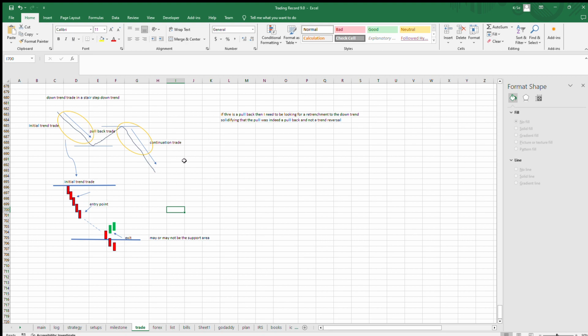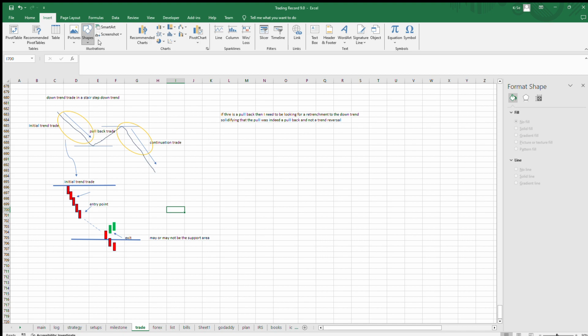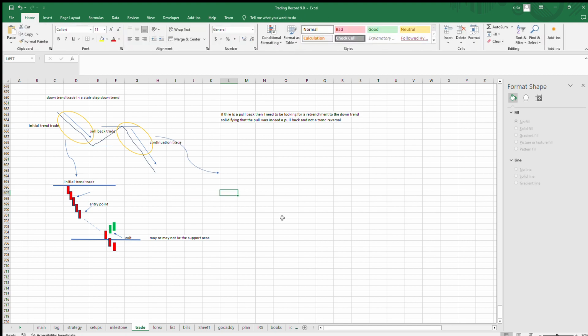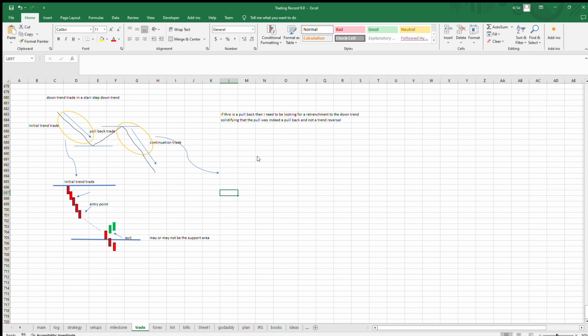And then the next one would be a description of this area. That would be right here, okay? So, continuation trend.